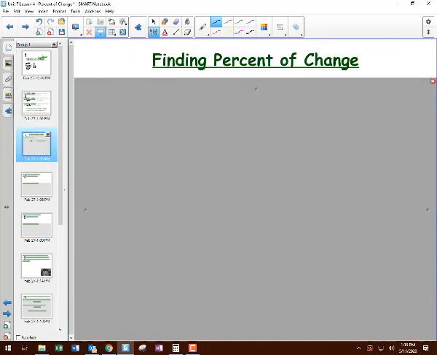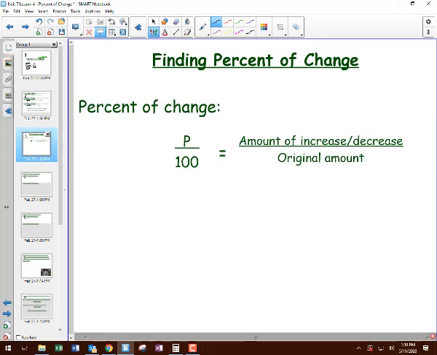We'll be using that proportion, what we learned about proportion, or rediscovered rather. So when we're finding percents of change, we'll take that amount of increase or decrease, so the change over the original amount, and set that equal to the percent over 100.